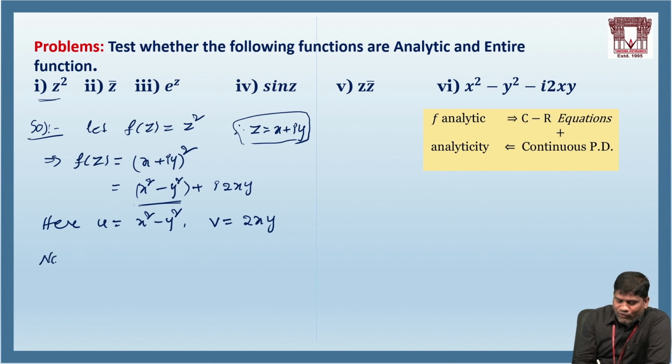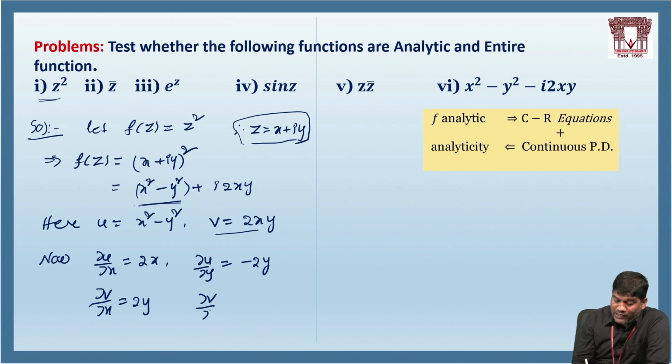Now we have to find the first order partial derivatives. Dou u by dou x is 2x. Dou u by dou y is minus 2y. Then dou v by dou x, the partial derivative of the second function with respect to x, is 2y. Then dou v by dou y is 2x.